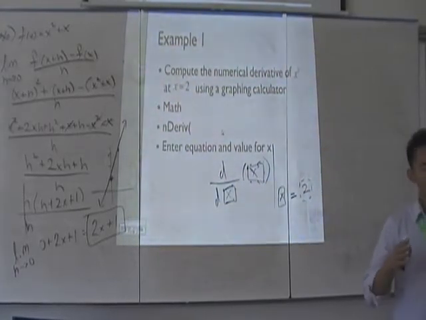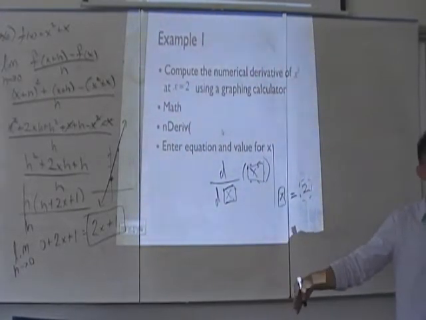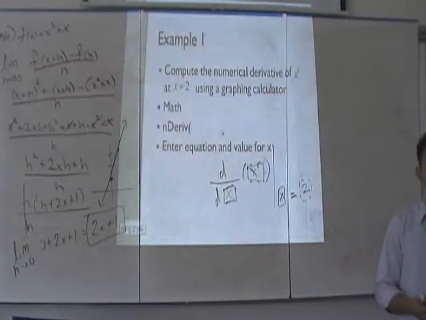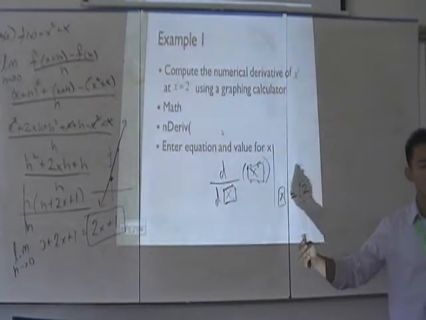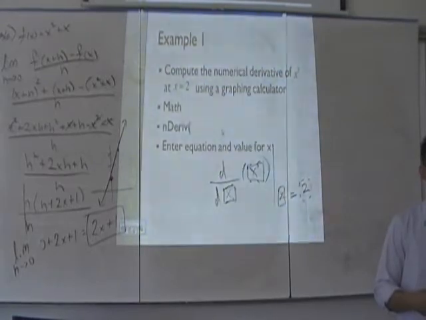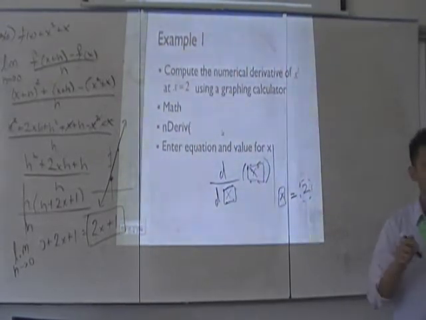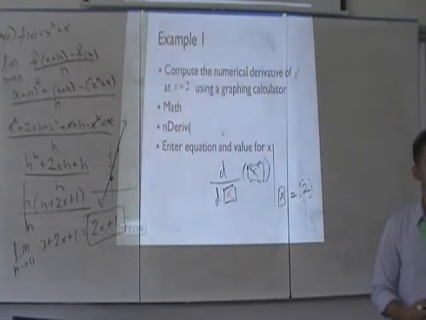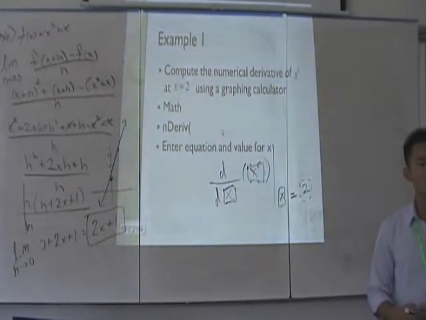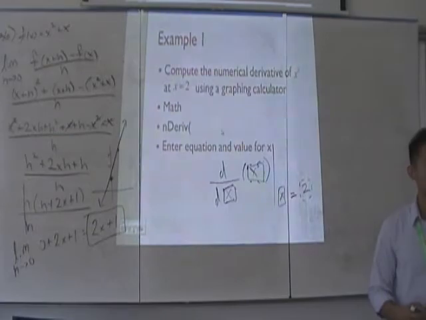Now it says 12.00001, but that's because, remember, we're dividing by h, right? So it's just taking a number really close to it. So you can kind of ignore it and just assume it's 12. Any questions there? I know some of your calculators may not work. I don't know why. I have to look at it.